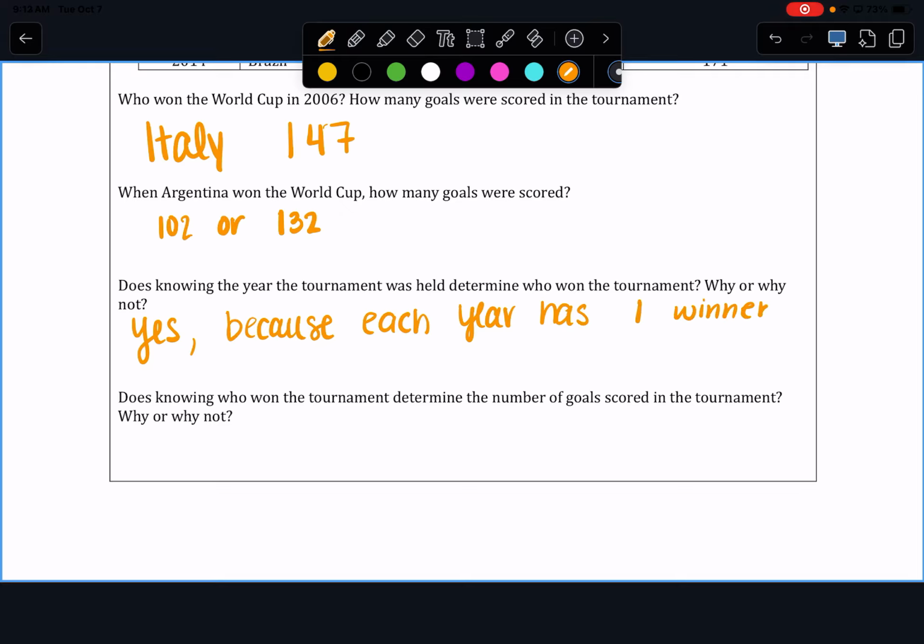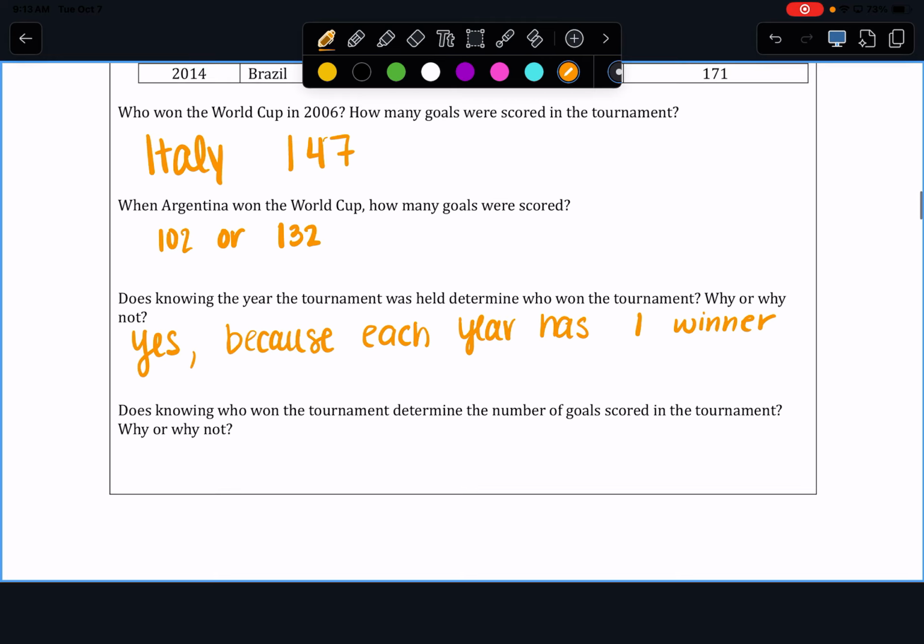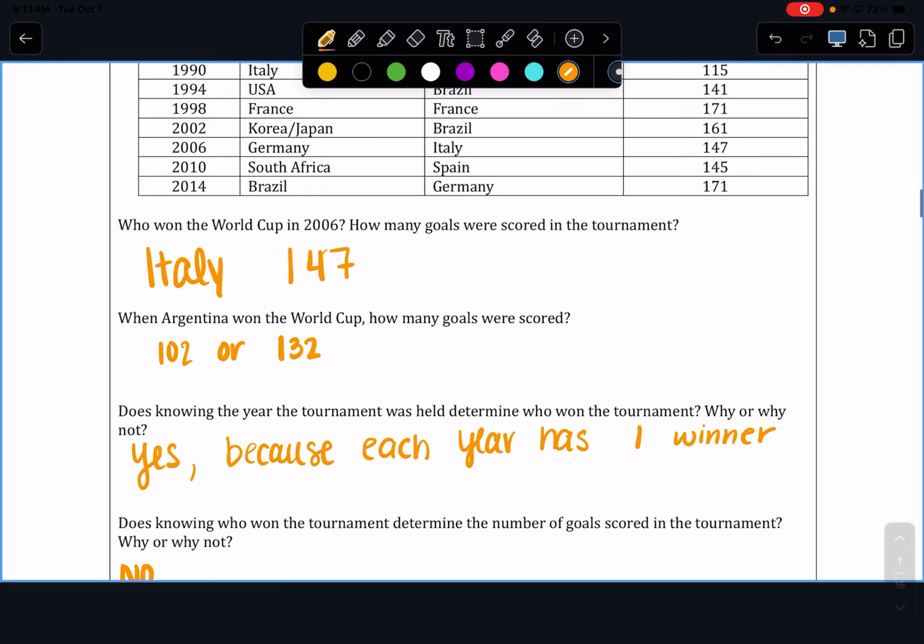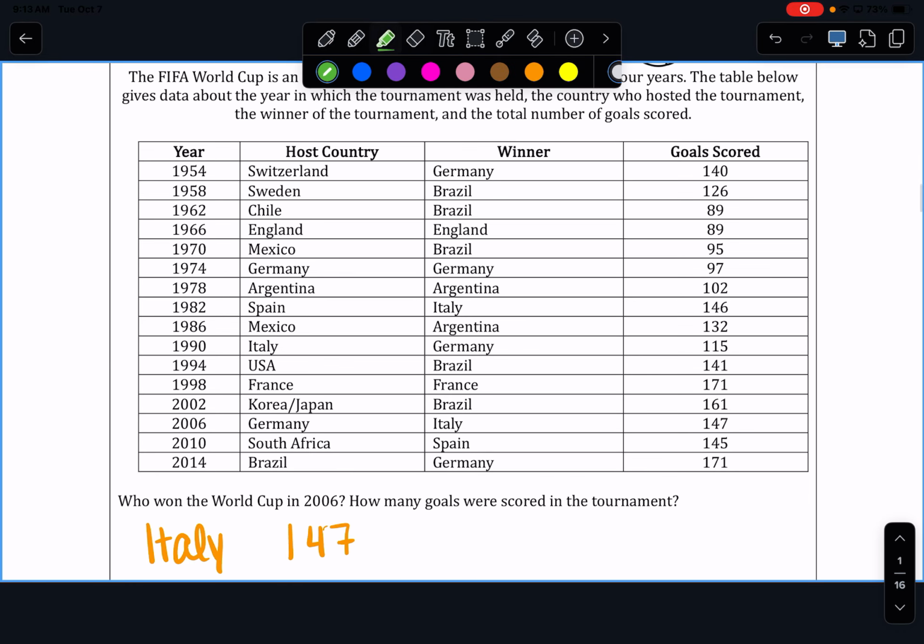All right? Now, does knowing who won the tournament determine the number of goals in the tournament? No. Why? It can change. Teams can win multiple times. If I said when Brazil won, how many goals were scored? How many different times did Brazil win? 5 times, right?